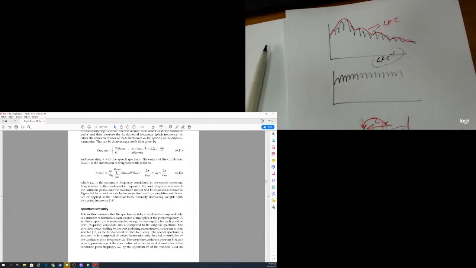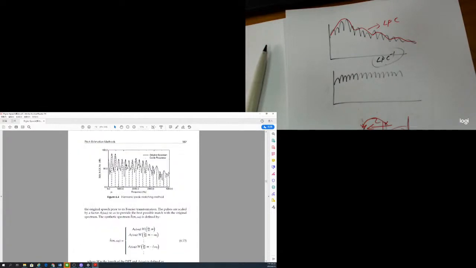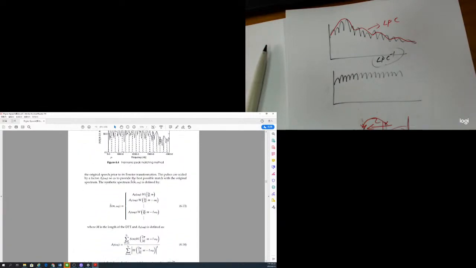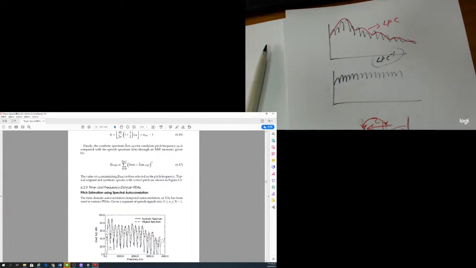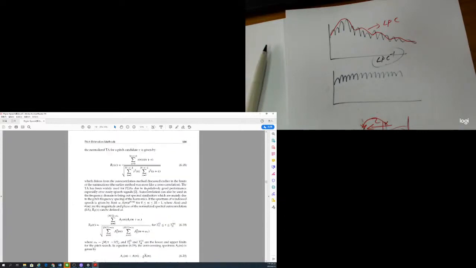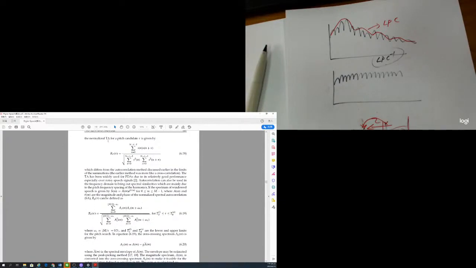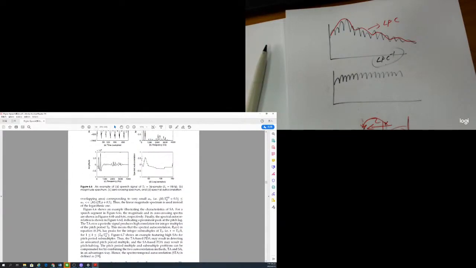This one, spectrum similarity, they use SS. This one is harmonic peak detection, which they are not using. Most of them talk about SS. This one is about time and frequency domain. This one is time domain temporal autocorrelation, TA.